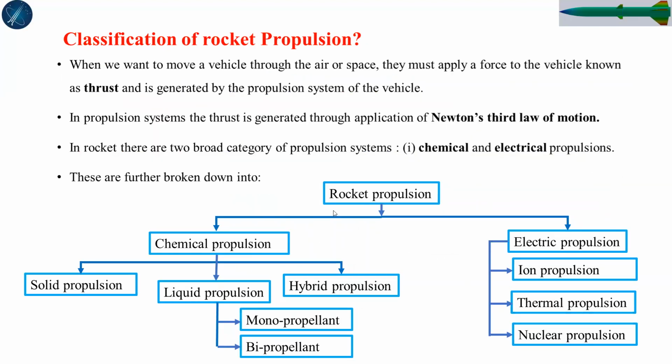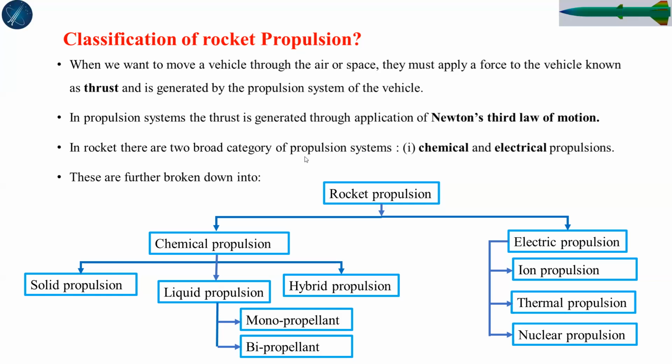So this is the classification of rocket propulsion. We already discussed it last time. Simply rocket propulsion: chemical propulsion, electrical, and there is also nuclear propulsion, ion propulsion, thermal propulsion. Again, in chemical propulsion we have 3 categories: solid, liquid, and hybrid propulsion, based on the propellant we are using. If the propellant is solid, then it is solid propulsion. If it is liquid, it is liquid propulsion.